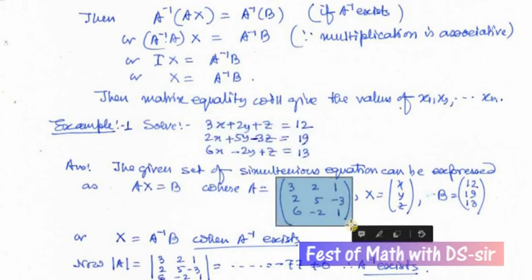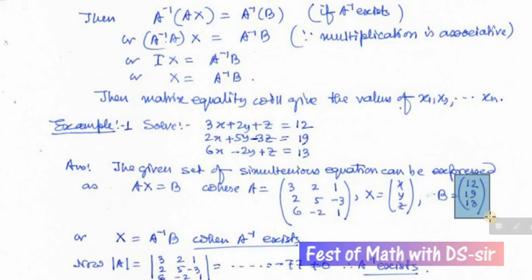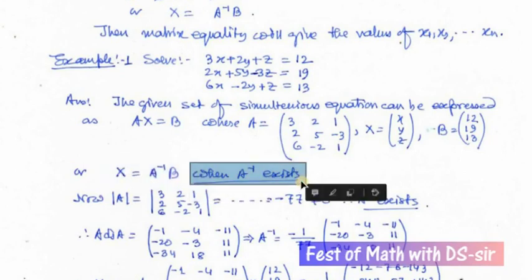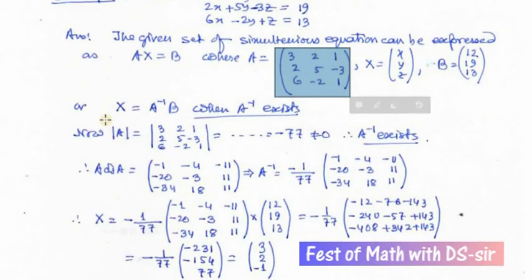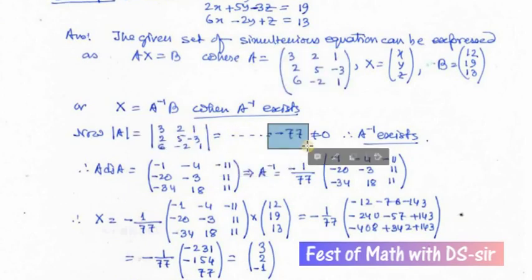This is called the coefficient matrix, X is called the variable matrix, and B is called the constant matrix. So X is equal to A inverse B when A inverse exists. If this is a singular matrix, then you can't solve this. Now det A, we find the value of det A, that is minus 77.